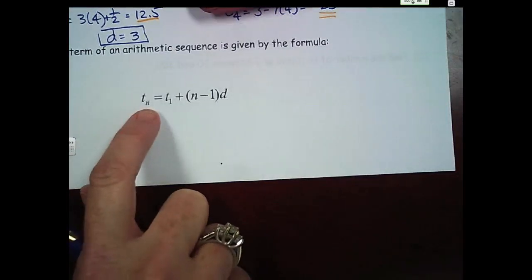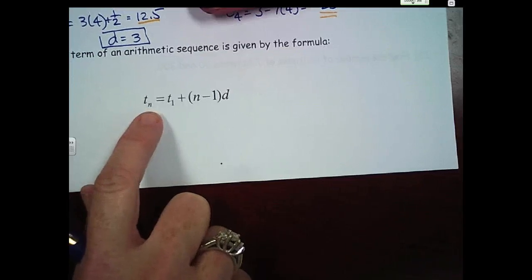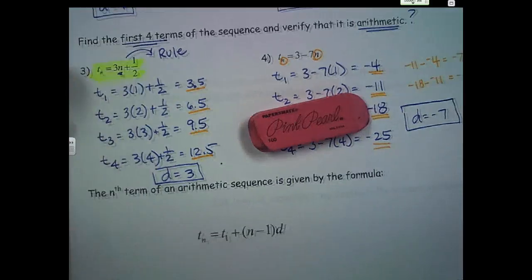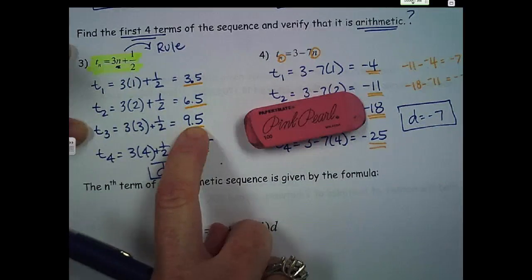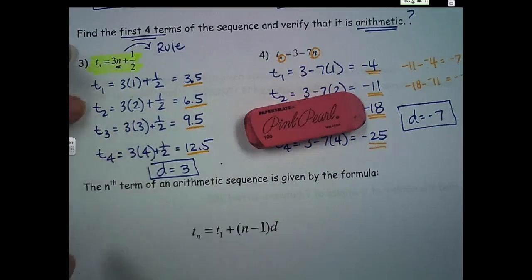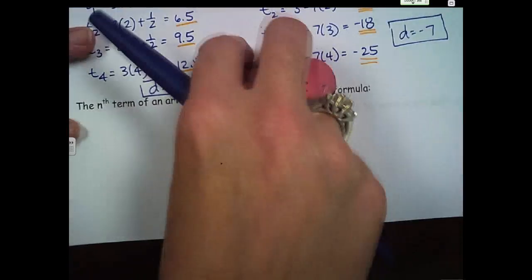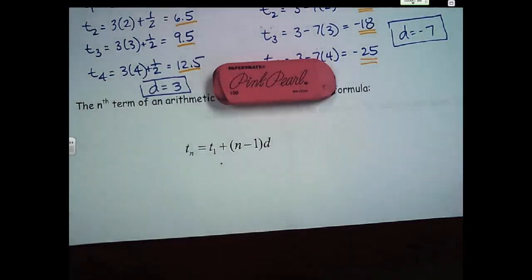If I want to find the fifth term, I plug a 5 in. If I'm looking for the third term, it was 9.5. If I was looking for the second term, it was 6.5, right? So this formula actually will find you whatever term you want, okay?